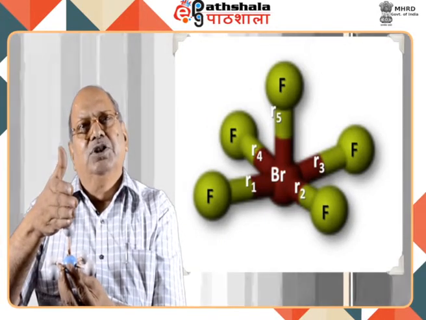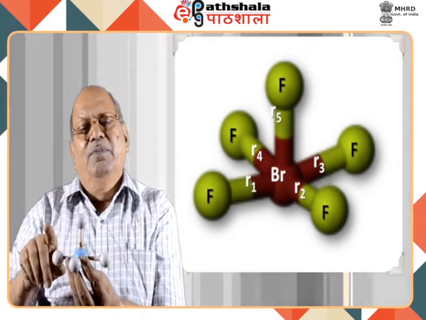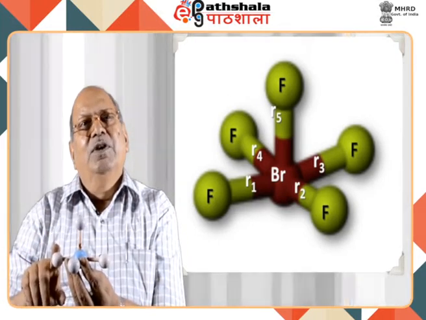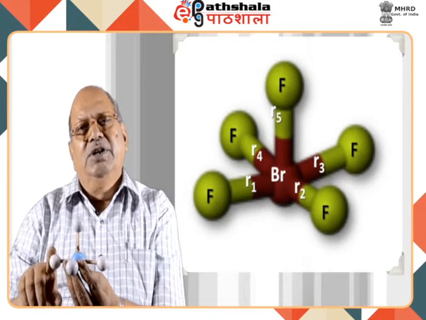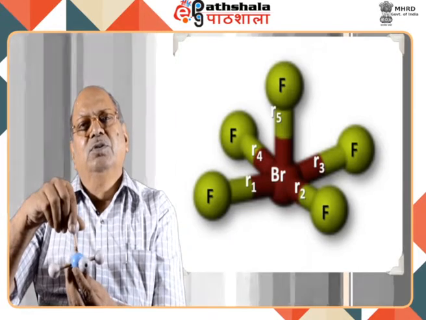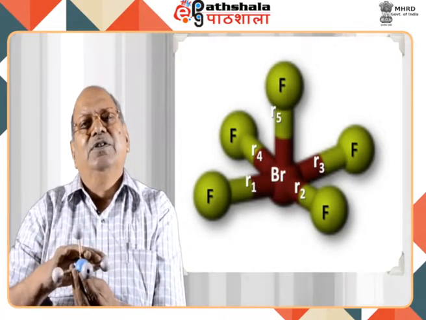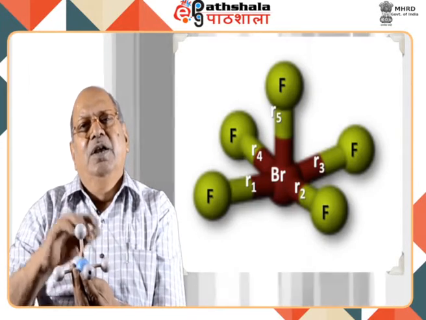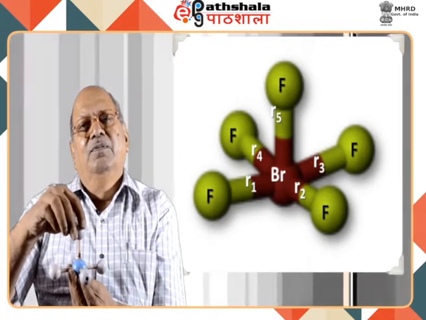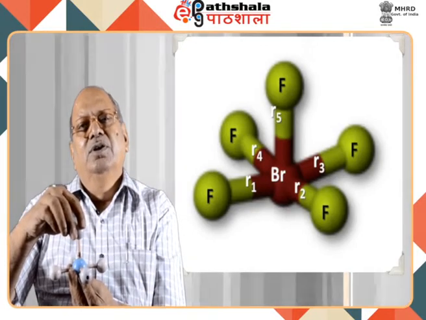Similarly, if we take C2 along the C4 axis, what will happen? If I perform a 180-degree rotation, this atom will go to this atom. It means again all the 4 vectors in the plane are shifted and the 5th vector, which lies on the C2 axis, is not shifted.